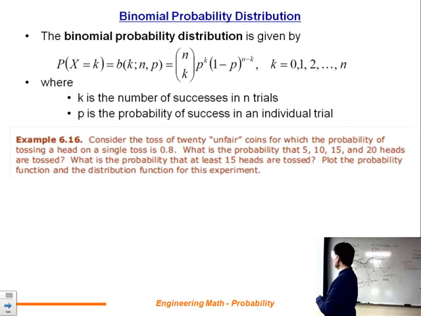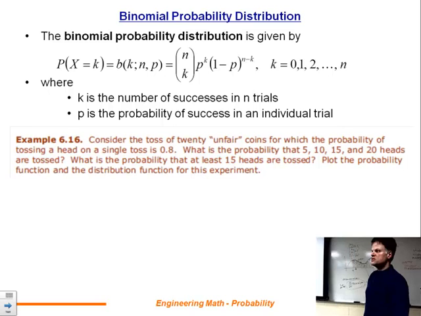What is the probability that you get, say, 5 heads out of 20 tosses, or 10 heads, or 15 heads, or 20 heads? So what are these 4 probabilities? What is the probability that at least 15 heads are tossed? Plot the probability function and the distribution function for this experiment. Okay. So this is a lot of coin tosses. This is 20 coin tosses.